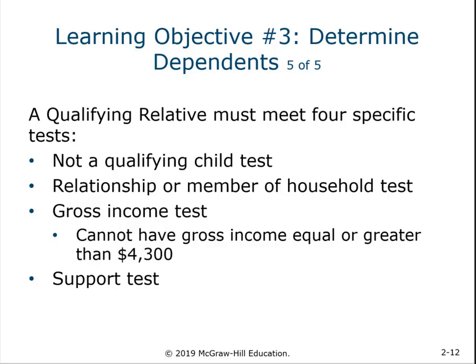So if we all provide 33%, none of us provide half, but we could sign an agreement that says we'll take turns once every 3 years of having mom be our dependent. Okay? And that sort of thing. So you have to look at the support test in those cases. Again, they have to be related. It can't just be random folks. And the person that gets it has to be over 10%, and as a group, it has to be over 50%.